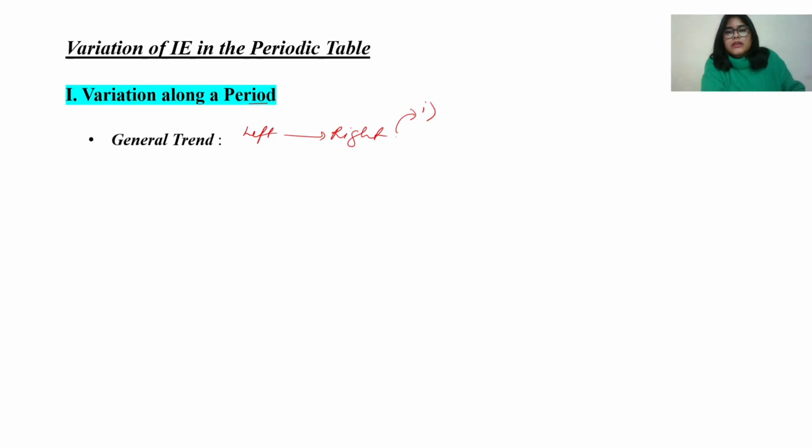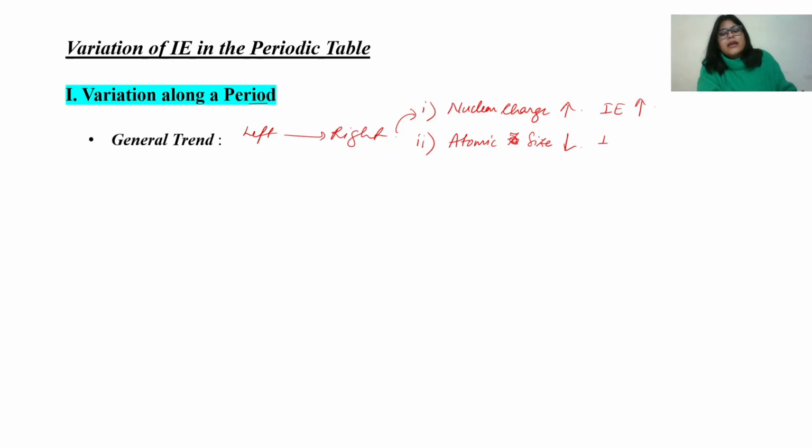One is the nuclear charge increases and the atomic size decreases. As nuclear charge increases, ionization enthalpy increases, and as atomic size decreases, again ionization enthalpy increases. So overall, as we move from left to right, ionization enthalpy increases.